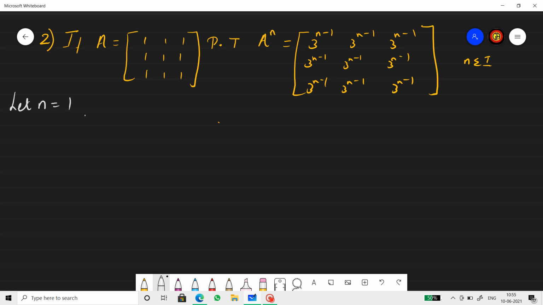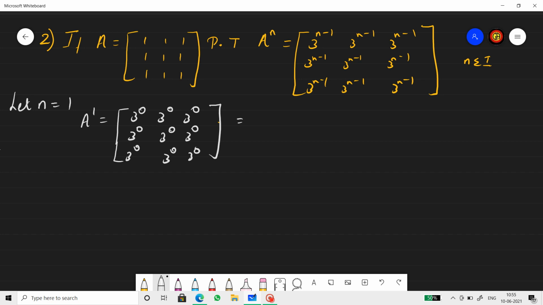If n equals 1, it becomes A power 1 equals 3 power 0 in every entry. Anything to the power of 0 is 1. Hence, this will become a matrix of all 1s.